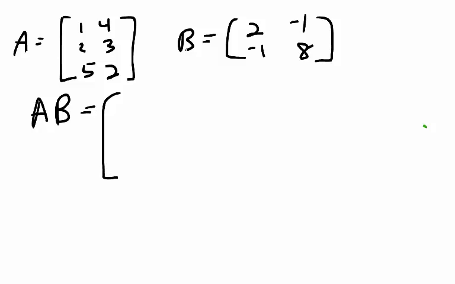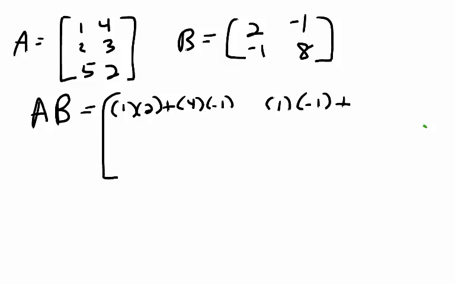So I begin multiplying the rows in A by the columns in B. So I have 1 times 2 plus 4 times negative 1, then I have 1 times negative 1 plus 4 times 8.